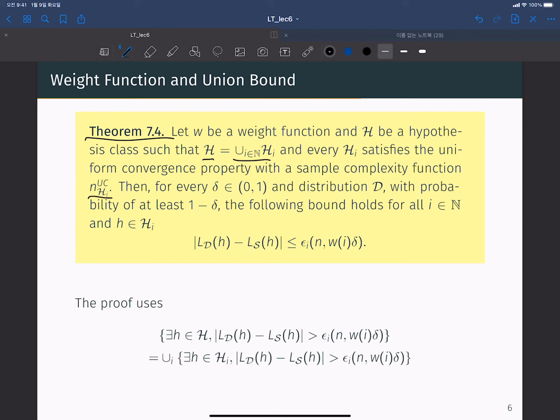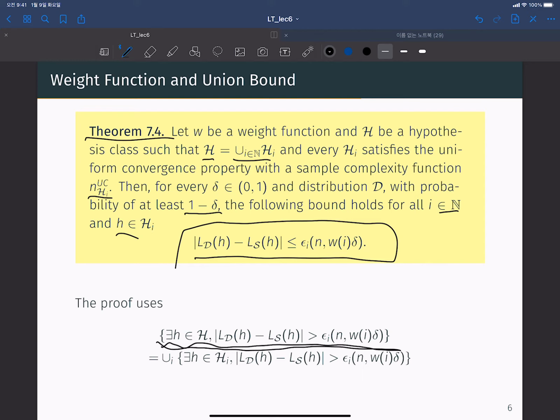Then for every delta and distribution D, with probability at least 1 minus delta, the following bound holds for all i and h. The following bound is this. This can be shown very easily using the union bound. The proof uses this.